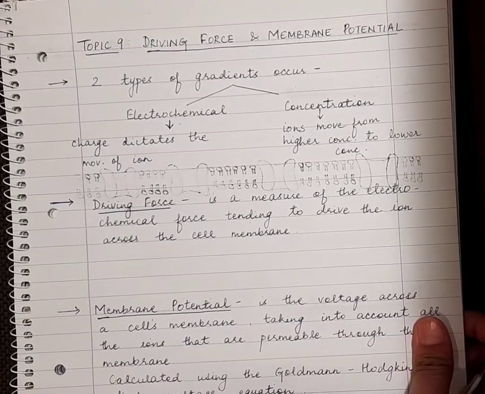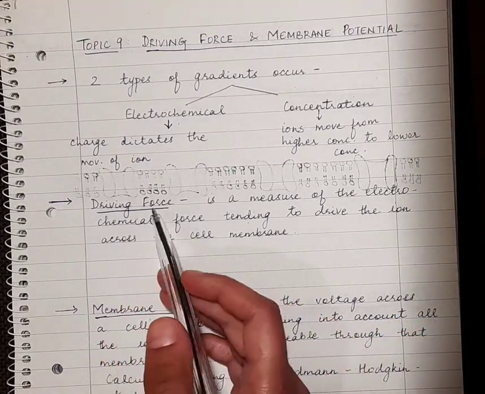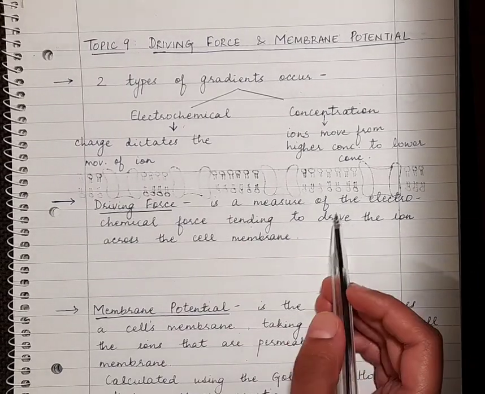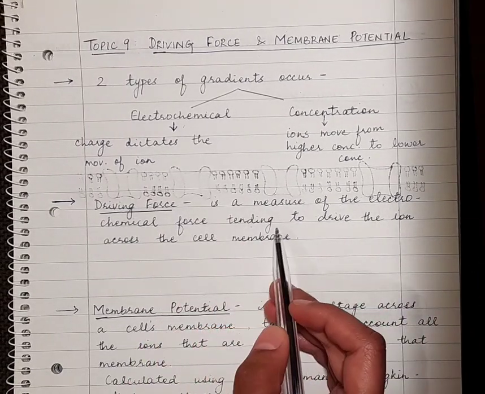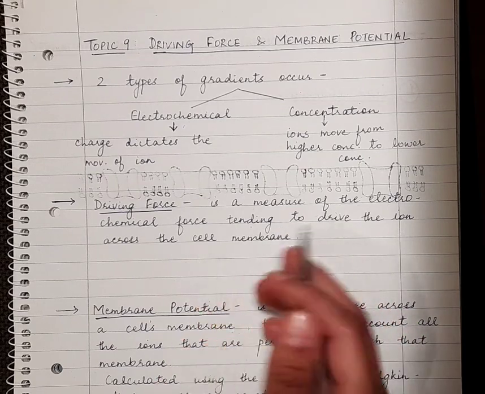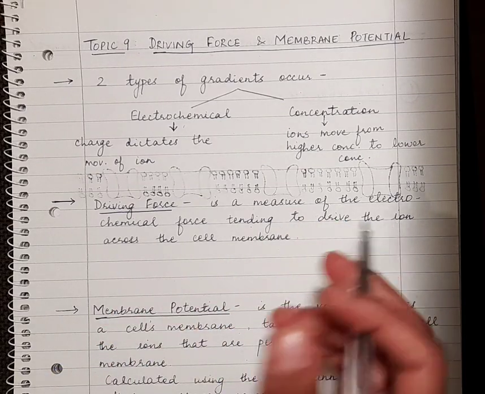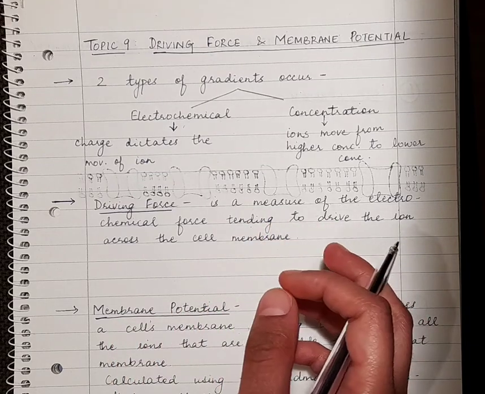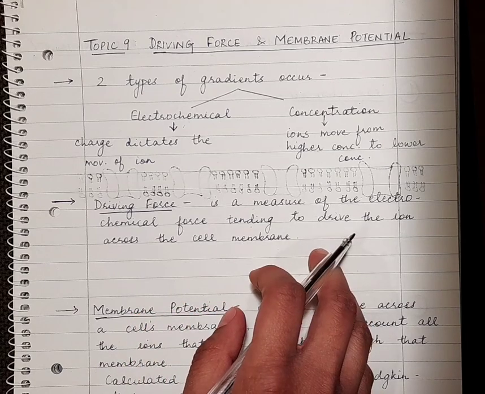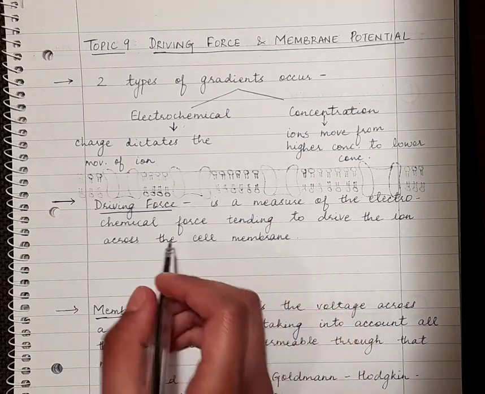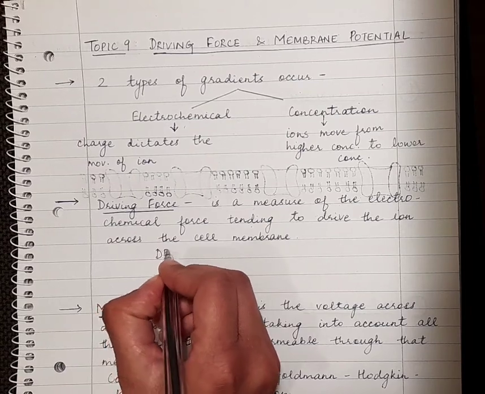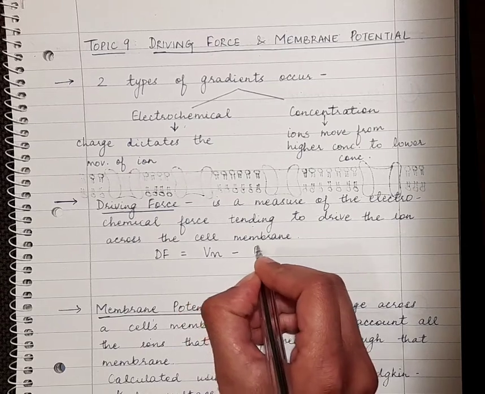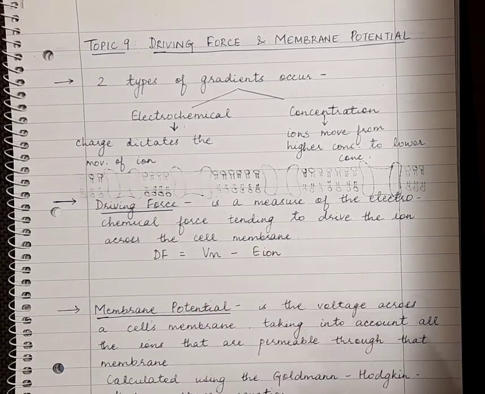Now, the ion movement is also determined by the driving force. Driving force is a measure of the electrochemical force which tends the ion to move across the cell membrane. Every ion has some force on it, and that is the driving force, which helps it to move across the membrane. It is calculated as the resting membrane potential minus the equilibrium potential of an ion.